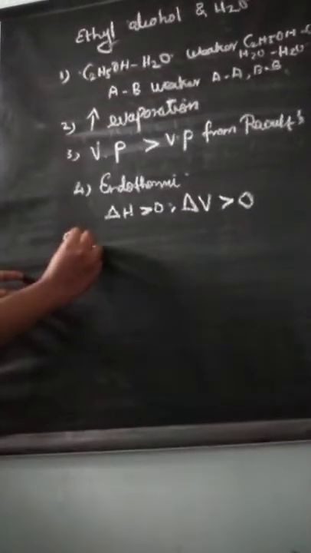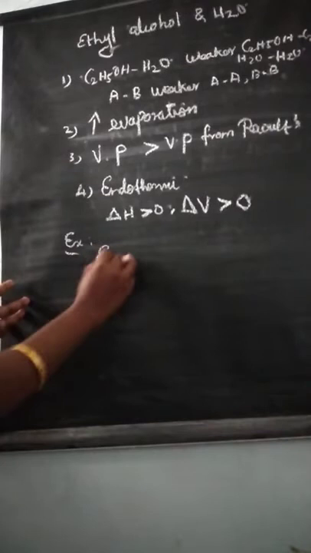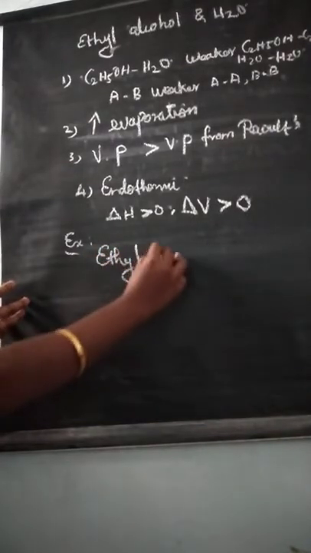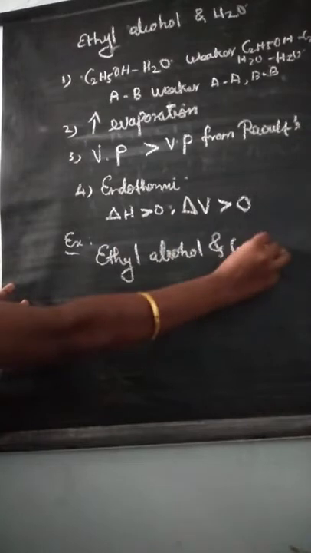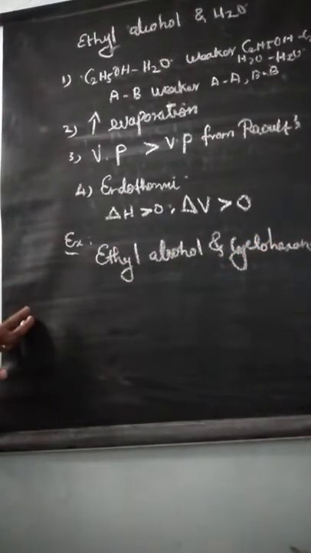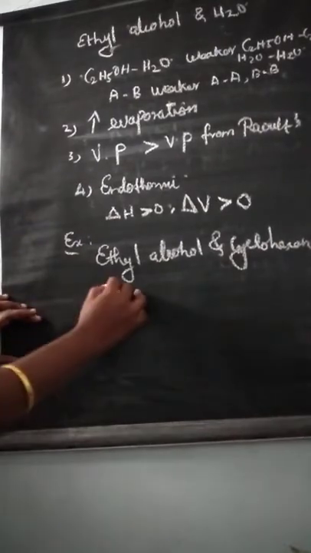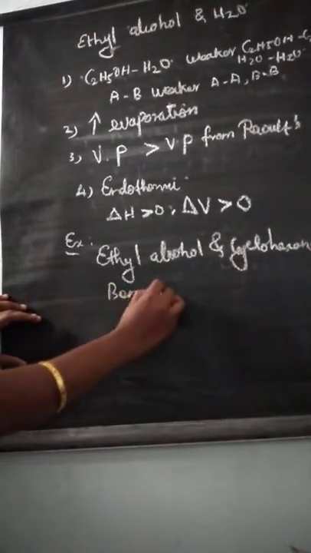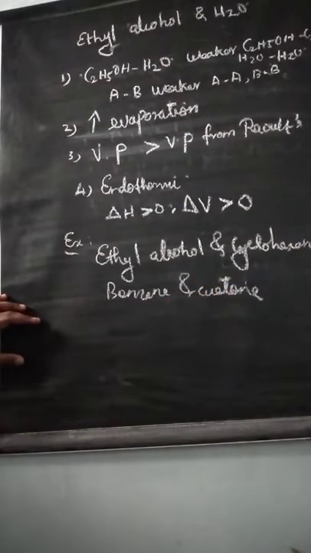Understand? Now listen, we can learn some more examples. Ethyl alcohol and cyclohexane: just mix these two components and we can explain the same points. Then the second example, benzene and acetone.